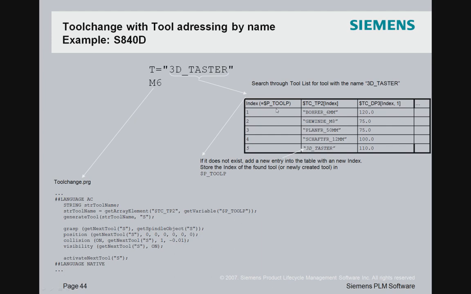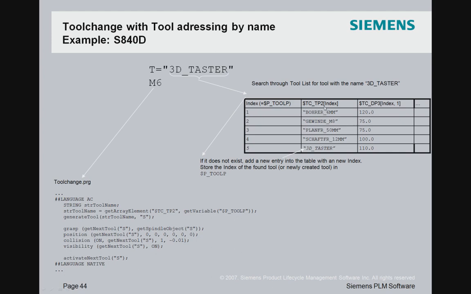And that's actually not what the controller is doing. The controller is then using this tool data management, and that's an array of variables. So there's actually an array that is called $tctp2, and that contains all the tools known by the controller with the name as a string.